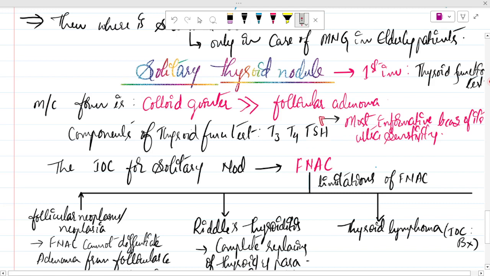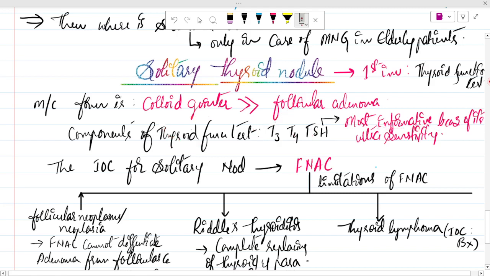Because TSH has an ultra-sensitivity feature, meaning even a small abnormality can easily be detected. So due to the ultra-sensitivity of thyroid stimulating hormone, it is the most informative marker in the thyroid function test. Out of T3, T4, and TSH, TSH is the most informative.